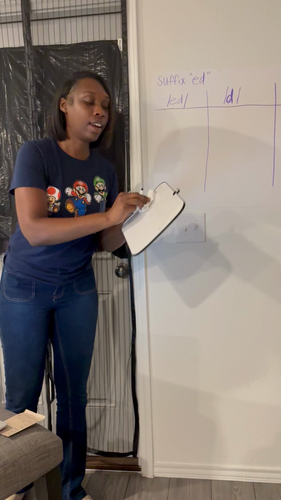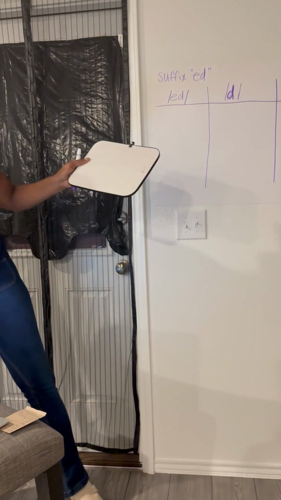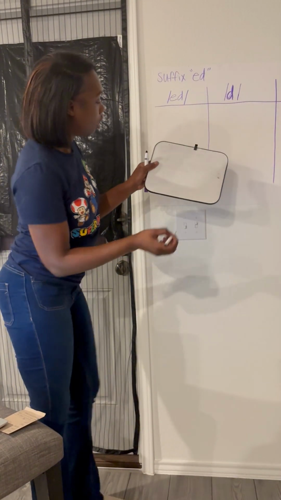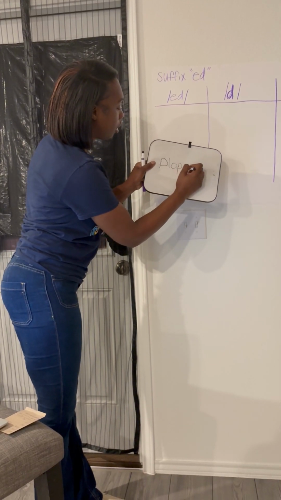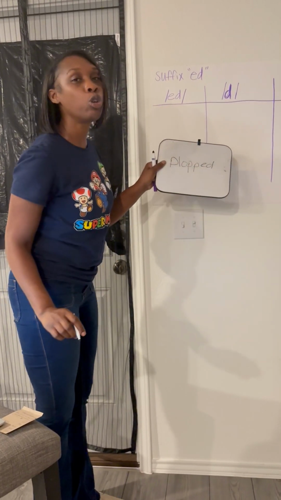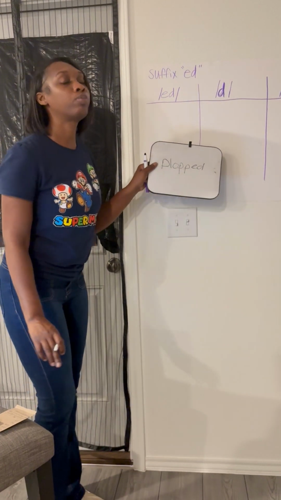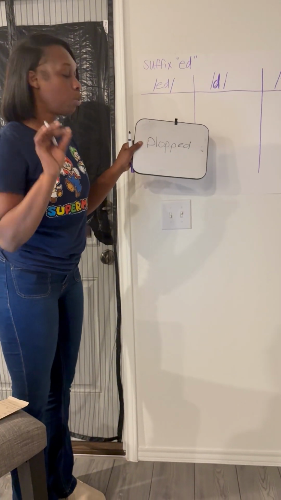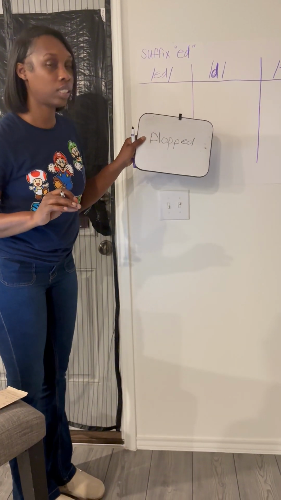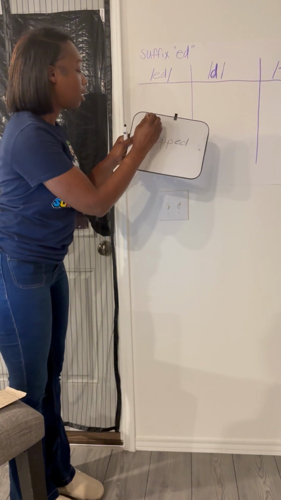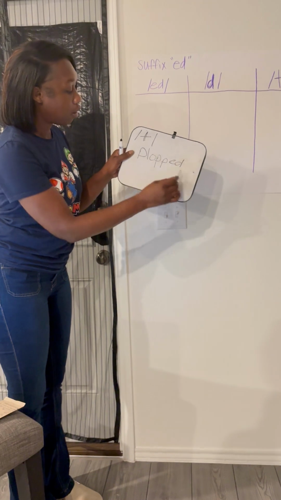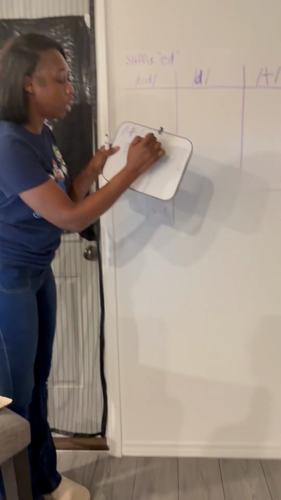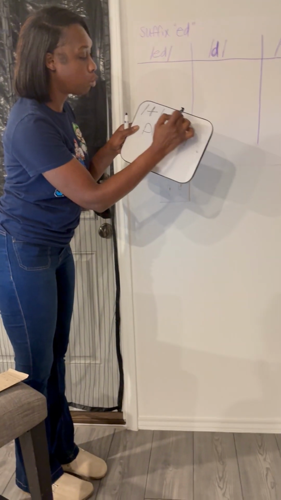All right. For our next one, we're going to use plute. Can you say it with me? Plute. You hear that sound at the end? What sound do you hear at the end of plute? T. This one is kind of tricky because if I give you my regular word, it's just going to be plute.